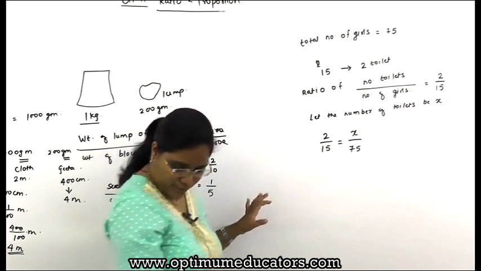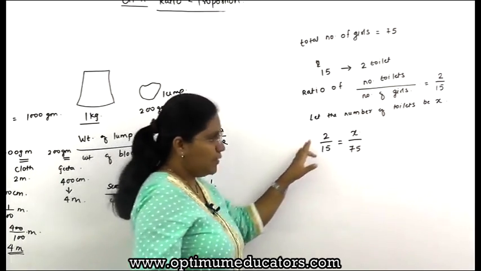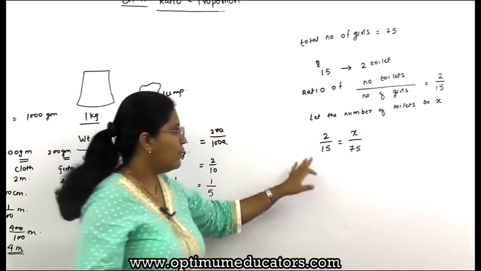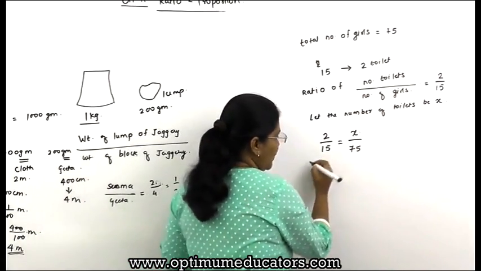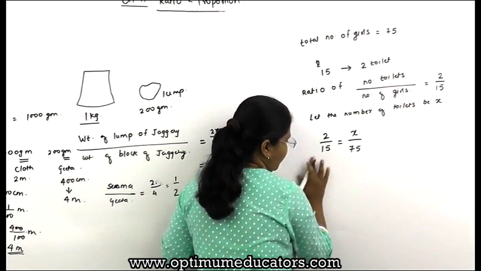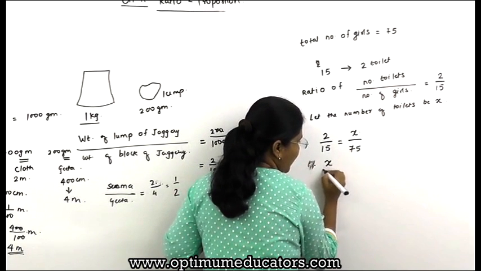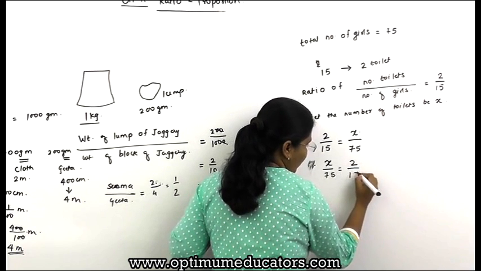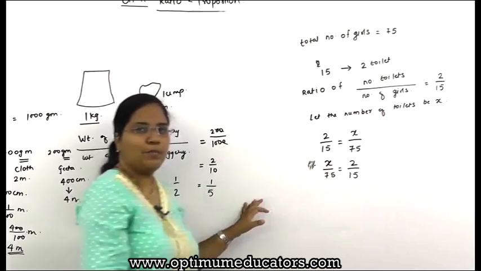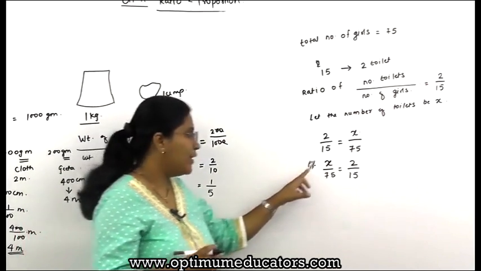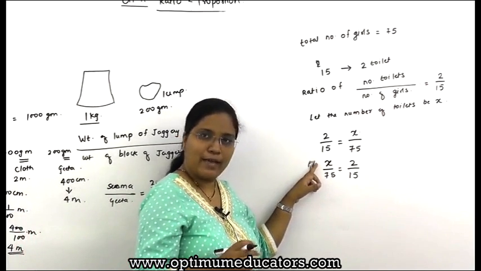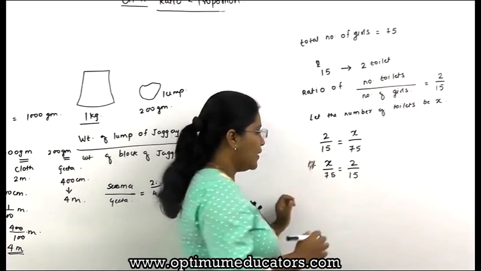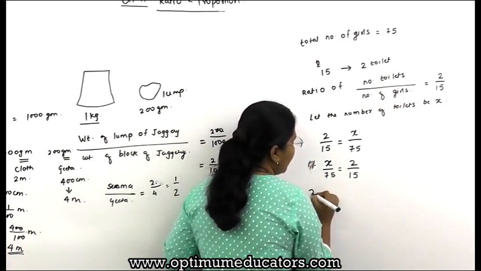Now here in your book, what they have done is, this can also be written as x upon 75 is equal to 2 upon 15. Now I am supposed to find out the value of the variable. What is the variable here? X is the variable. Now in what way can I do that?